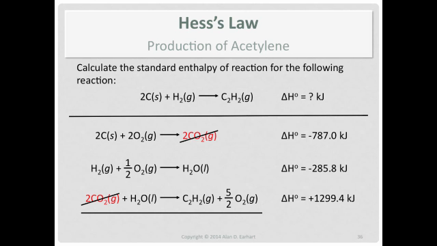All right, I have 2 carbon dioxide gas as a reactant, 2 carbon dioxide gas as a product. I can remove those. Same thing with liquid water. And then I have 2.5 O2s, which is 5/2. So the O2 cancels. So what's remaining? 2 solid carbon reactant, H2 gas reactant, acetylene product.